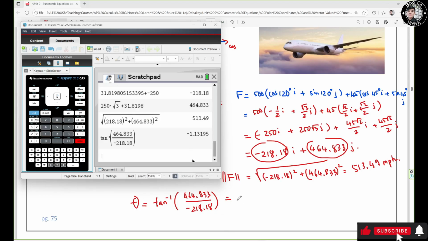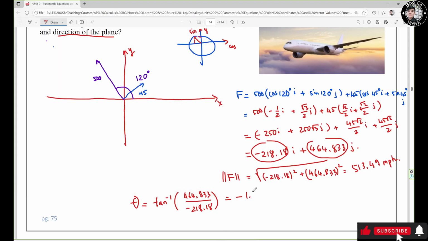The answer is negative 1.132, right? You need to be careful. The x value right here is negative. So when you calculate the inverse tangent of this one, you need to add pi radians, okay? Which you learn in IB pre-calculus, right? So this one is the radian, right?